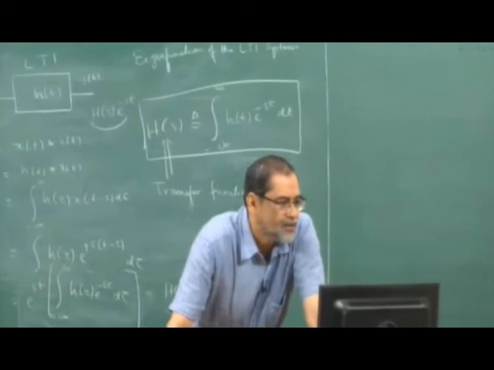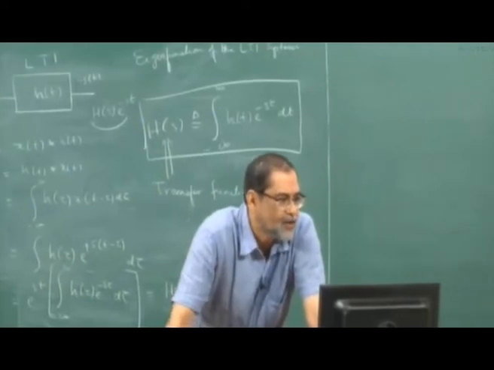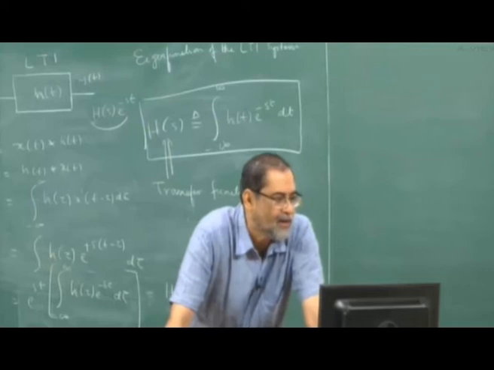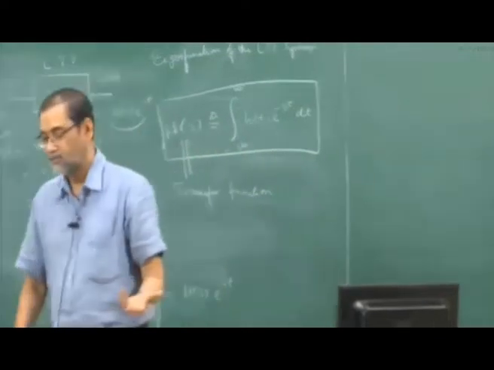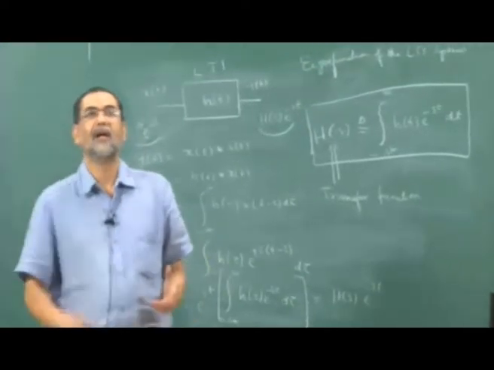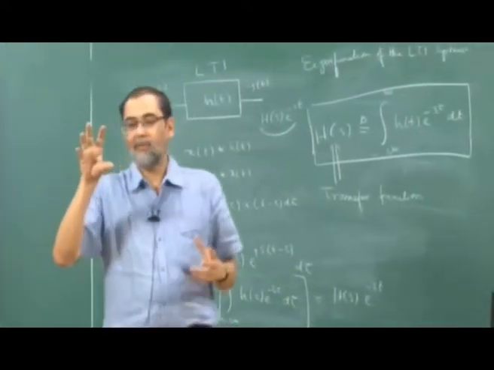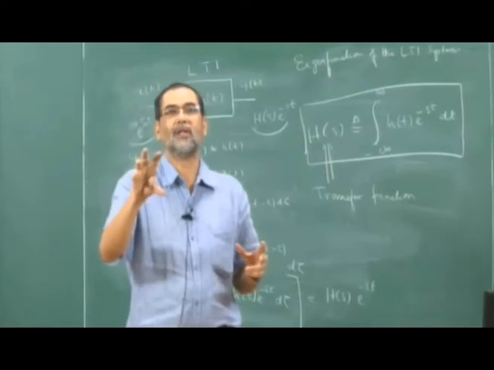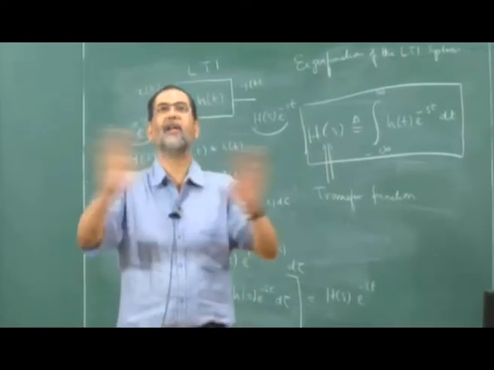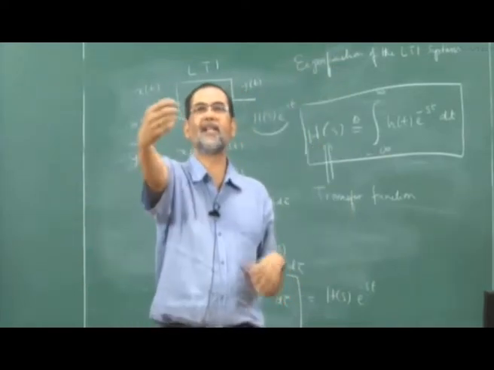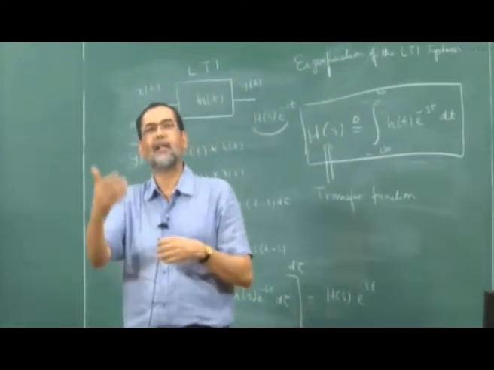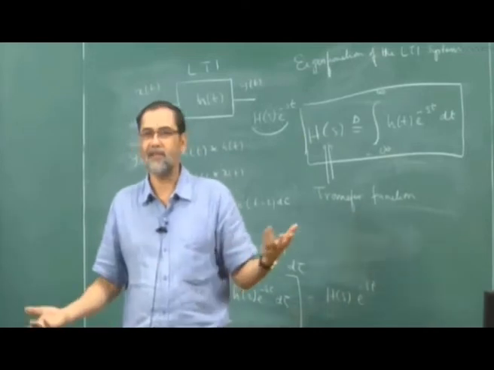PSG College has a long question: a JK flip-flop in its toggle mode acts as a frequency divider. As per your view, LTI systems should preserve frequency. Does it mean a JK flip-flop in toggle mode is not an LTI system? Wonderful. The charger you use to charge your mobile is not an LTI system, because when you plug in, the frequency is 50 hertz, and at the output it is DC, that is 0 hertz.